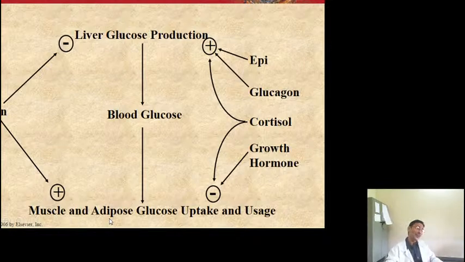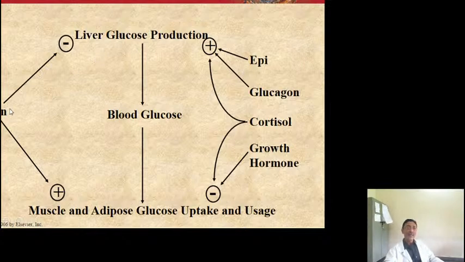So what are the hormones affecting glucose production or uptake by the muscles and adipose tissue? What does insulin do? Insulin sees to it that there is increased uptake of blood glucose by the muscle and adipose tissue and its usage. On the other hand, the same insulin acting on the liver decreases glucose production.